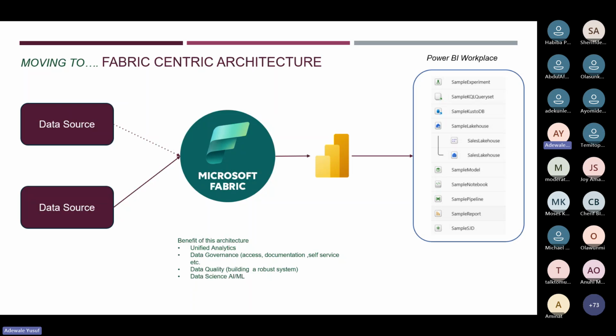So data science and AI, artificial intelligence, machine learning, everything in one place. We also have the AI-powered Copilot integrations and the large language models, LLMs. Now, remember when ChatGPT came out, everybody was very happy. Now Microsoft took over ChatGPT and created their own version of it called Copilot. Copilot is being embedded into Microsoft Fabric, which means you can actually use Copilot to create anything.